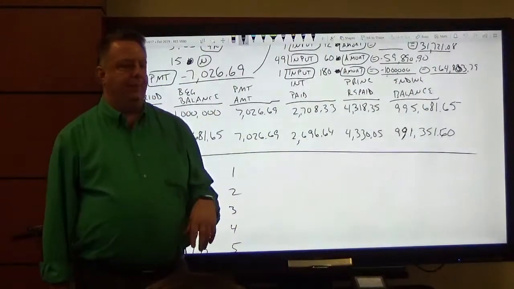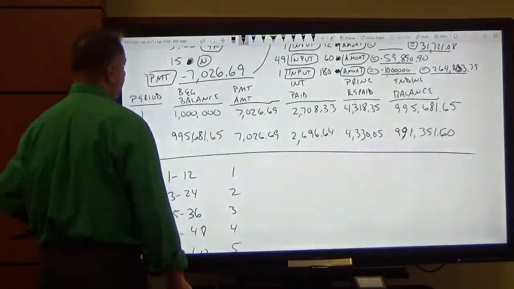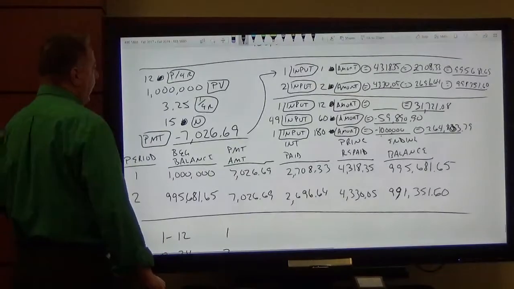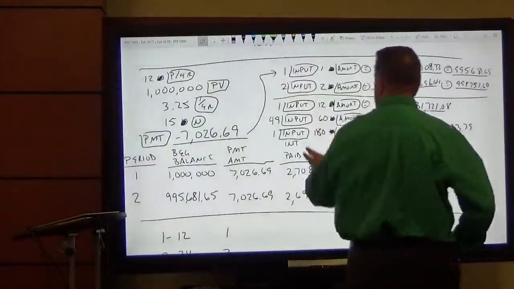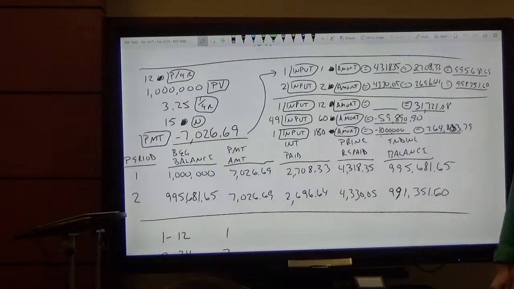Now, what I was trying to illustrate with this is the beauty of the calculator: we can put in any 2 reference points during the loan and extract the information for those periods of time. So if we only wanted to know a specific period, just give me a number between 1 and 180. 179.